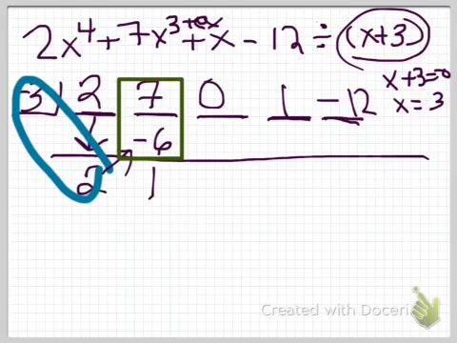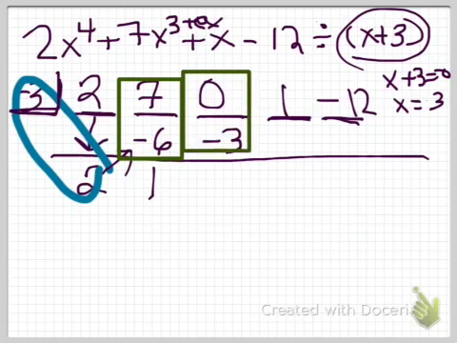I'm adding. Okay? Now I wrote it below, so I go back to my little outside box over here. Negative 3 times 1 is negative 3. And so now I'm adding. 0 plus negative 3 is negative 3.